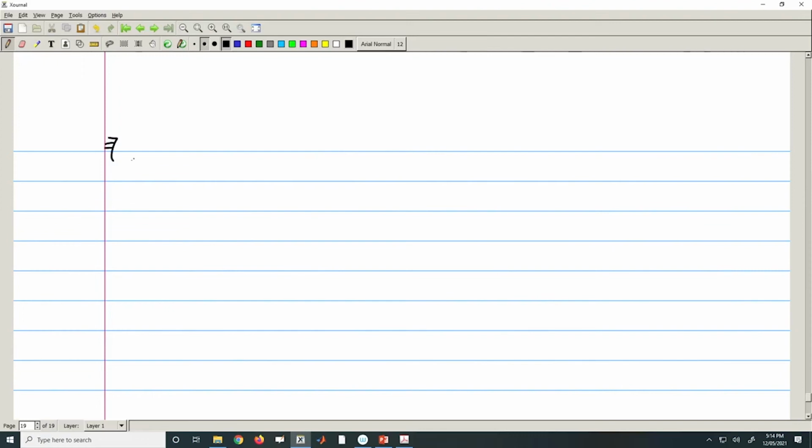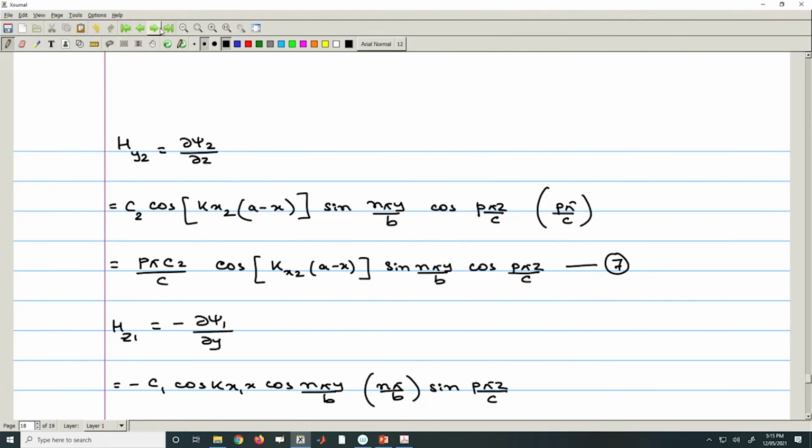Therefore, we can write h z 1 as minus of n pi C 1 upon b cos of k x 1 x cos of n pi y upon b sin of p pi z upon c. So, this is equation 8.